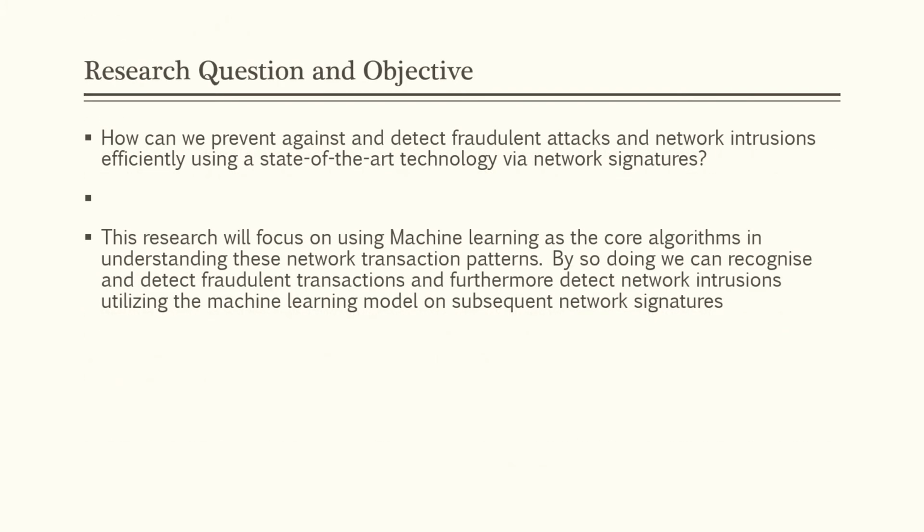Our objective is bounded around our research question, which says: how can we prevent against and detect fraudulent attacks and network intrusion efficiently using a state-of-the-art technology via network signatures? This leads us to focus our research on machine learning as our core algorithm for understanding and unraveling these network transaction patterns. By so doing, we can recognize and detect these patterns subsequently.